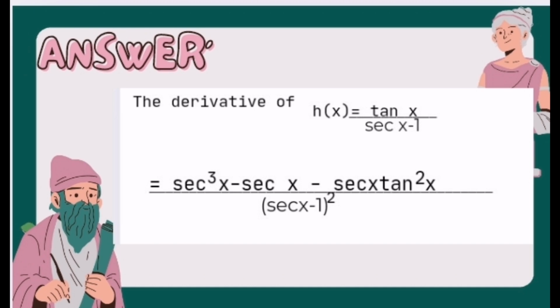So the derivative of h of x equals tangent x over secant x minus 1 is equal to secant cubed x minus secant x tangent squared x over secant x minus 1. So that's the final answer.